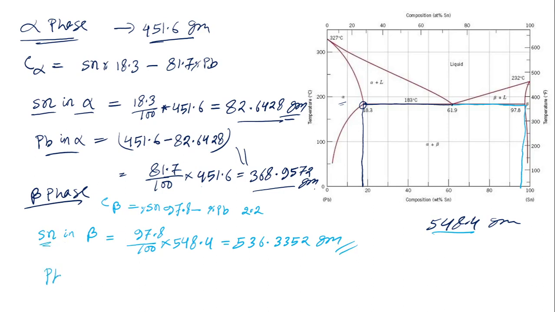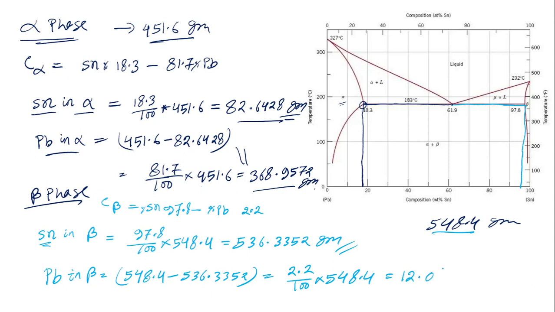Now the remaining is the Pb in beta. The same thing, either you can subtract from 548.4 minus whatever value you get, 536.3352, or if you want you can calculate 2.2 by 100 into total amount 548.4, and you will get around 12.0648 gram.